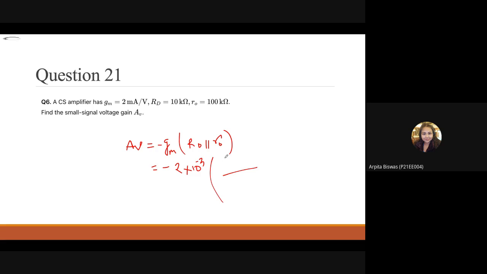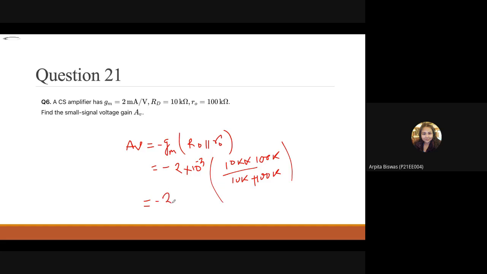Okay, let's see. 2 into 10 to the power minus 3 into 10 kilo ohm multiplied with 100 kilo ohm. This is in parallel, okay? By 10 kilo ohm plus 100 kilo ohm, 110 kilo ohm.